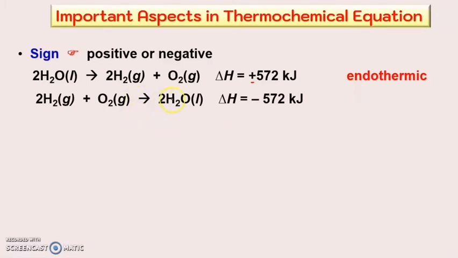But when I reverse the reaction, I change the position of reactant and product, so it becomes 2H2 gas plus O2 gas produce 2H2O, which is reversed from the first equation. What happened with the sign of delta H here is it has changed to negative sign. So it has become exothermic reaction.